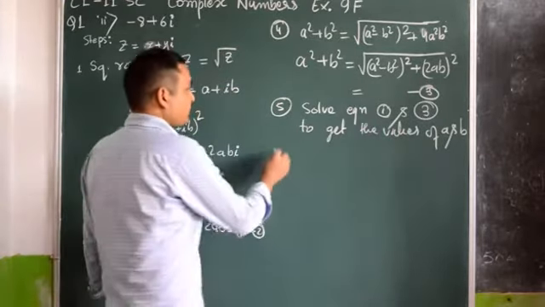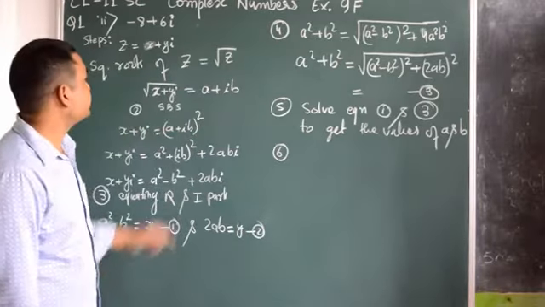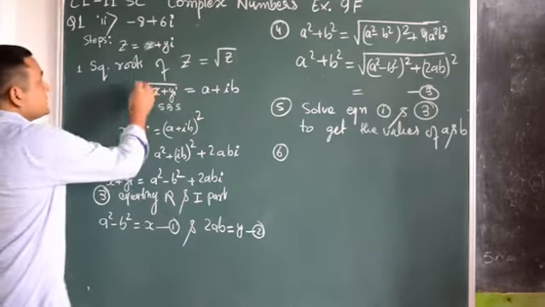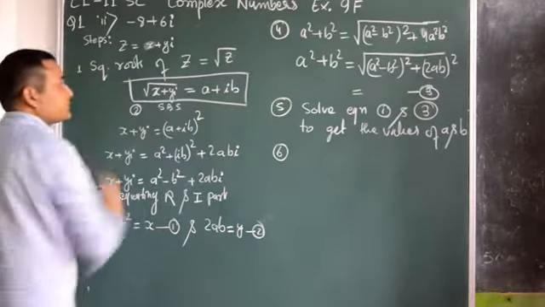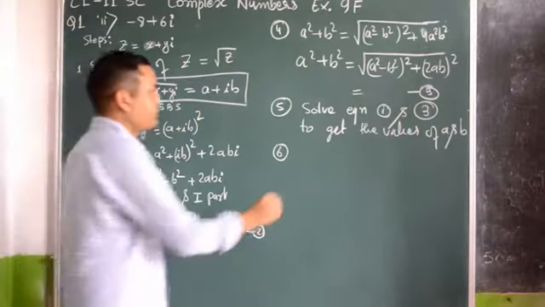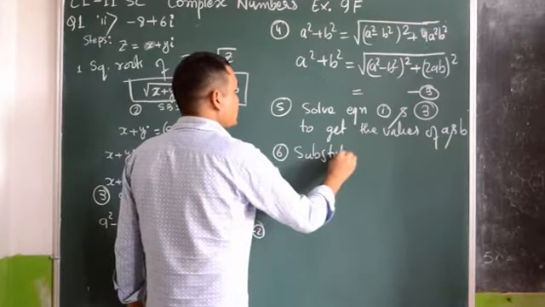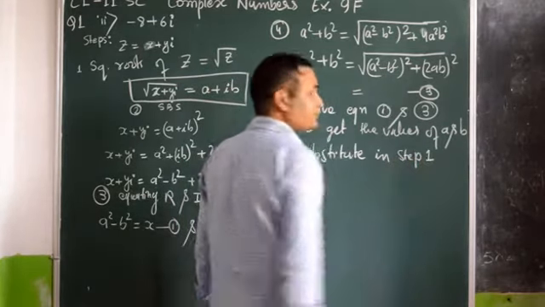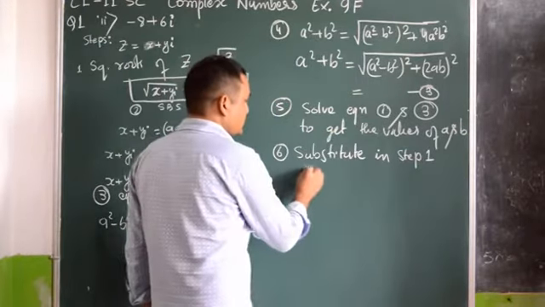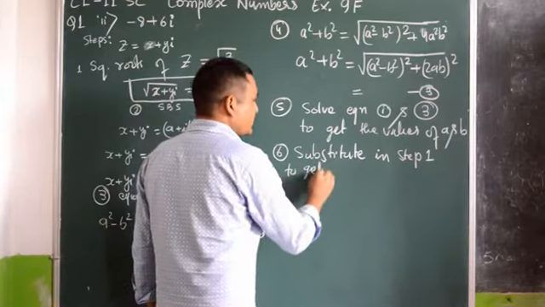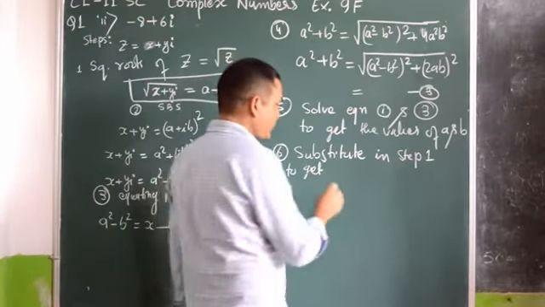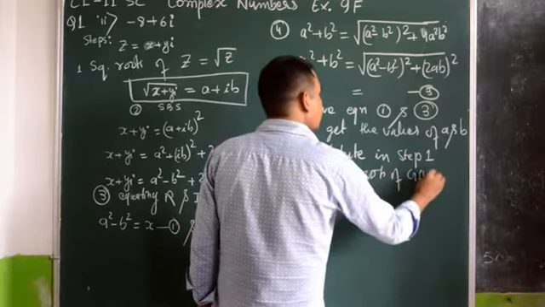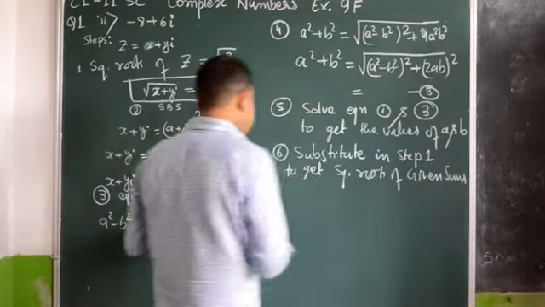After getting the values of a and b, step 6, substitute in step 1 to write the final answer, to get the square root of the given sum. Okay, these are the steps.